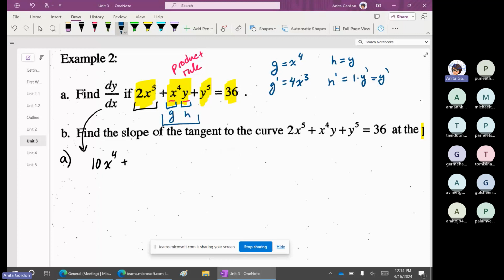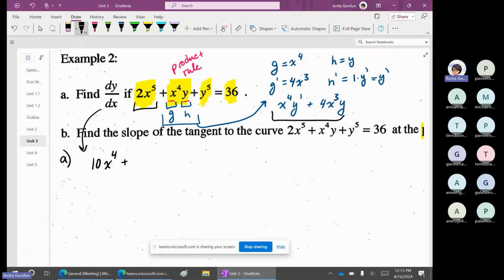So this whole piece, product rule, is going to be x to the 4 times y prime plus 4x cubed times y. It is a product rule. We have two different functions of x. So we have to treat it as the product rule.